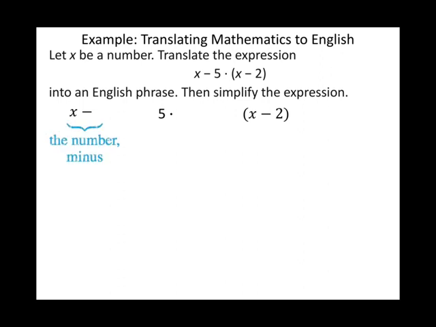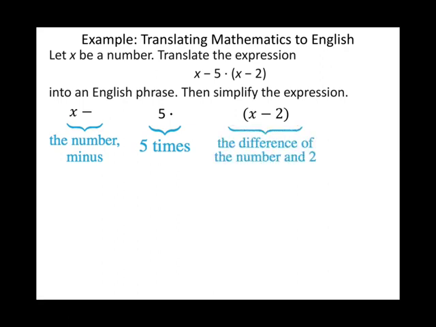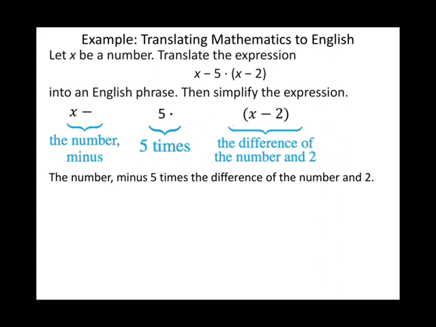So we're going to say the number minus 5 times. So x minus 2 here, we're going to say the difference of the number and 2. So it means the number, comma, minus 5 times the difference of the number and 2.